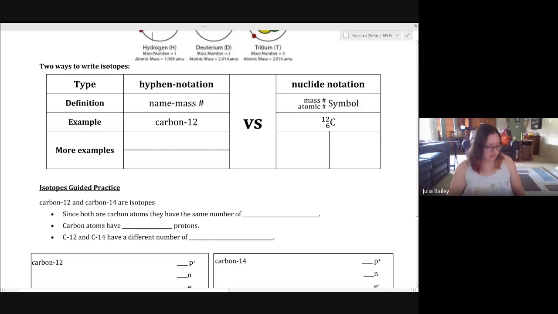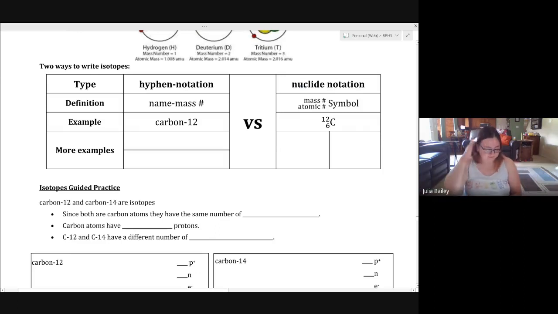Okay, there are 2 ways you can write isotopes. You can have hyphen notation or nuclide notation. In hyphen notation, you put the name of the element, you put a hyphen, that's why it's called hyphen notation, and then you put just the mass number. So like carbon hyphen 12 means a carbon atom with a mass of 12.